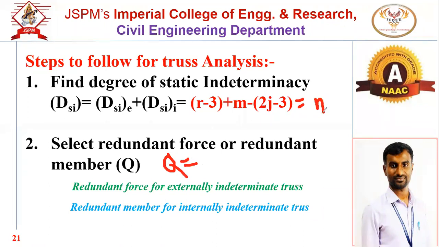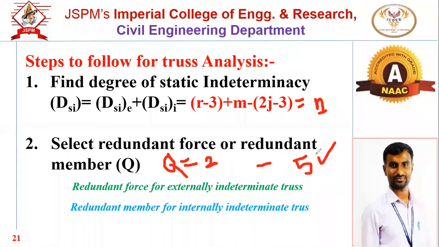Now, suppose this n is 2. Means your DSI is 2, means we have to select 2 redundant forces or 2 redundant members. Now, suppose the reactions are 5 and your DSI is 2.